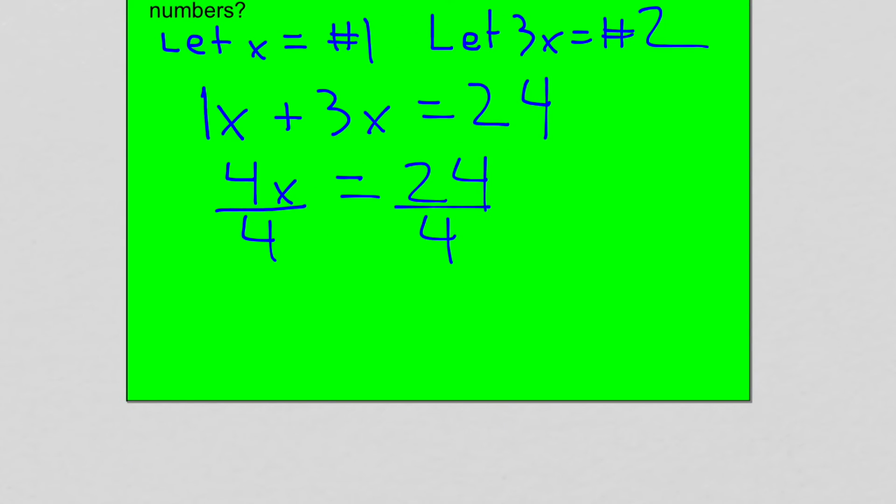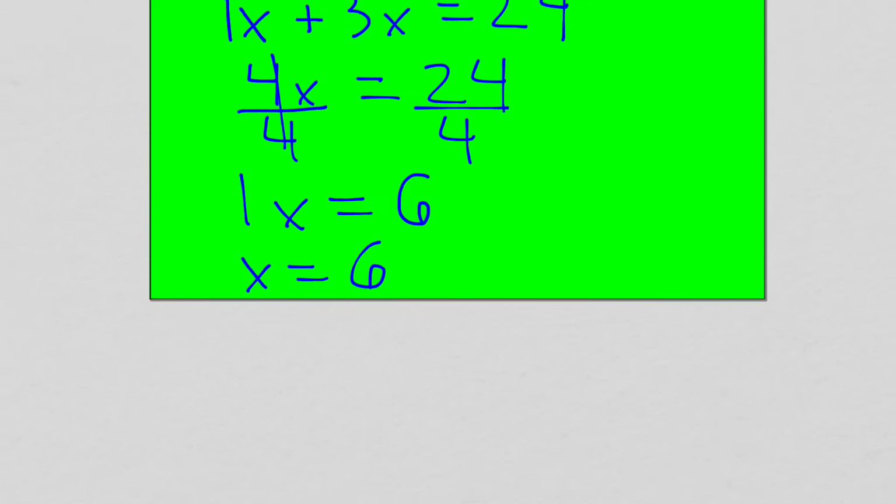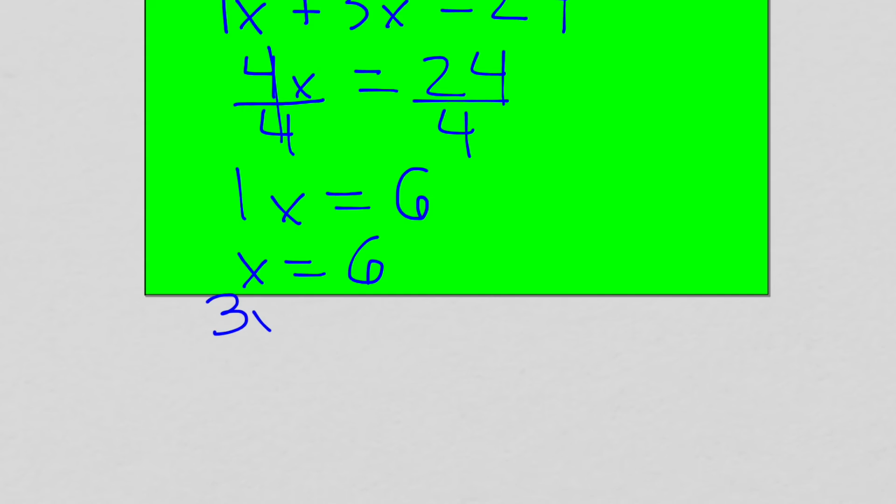Divide by 4. 4 divided by 4 is 1x. 24 divided by 4 is 6. And x is equal to 6. Well, if we got x equal to 6, then we should know what the other number 3x is equal to. 3x will just be 3 times 6, and that equals 18.